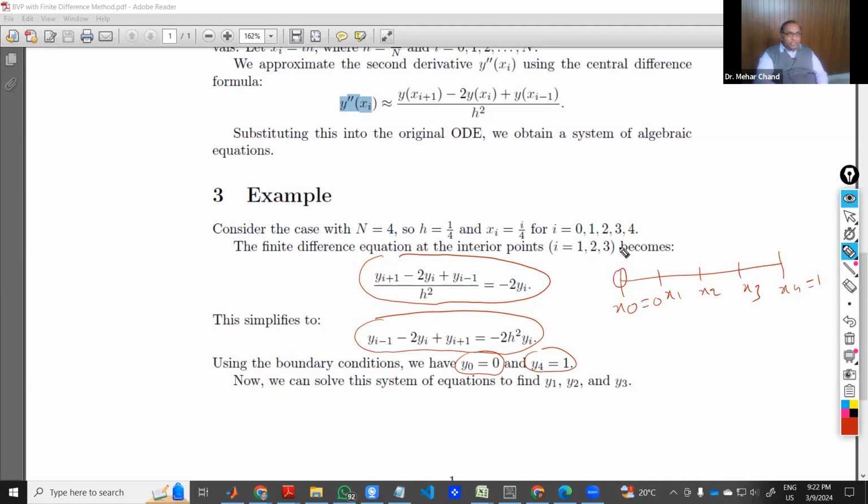The values at the end points, y0 and y4, are known, and y1, y2, and y3 are unknown, which we need to compute.